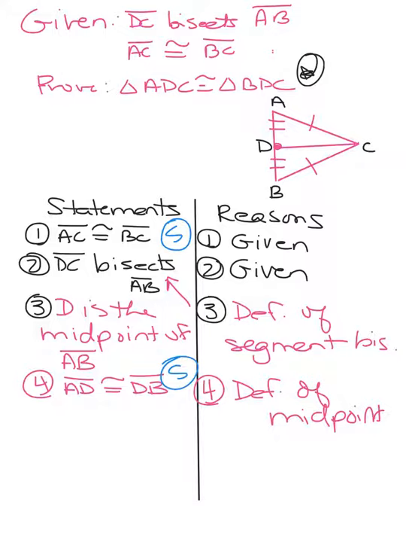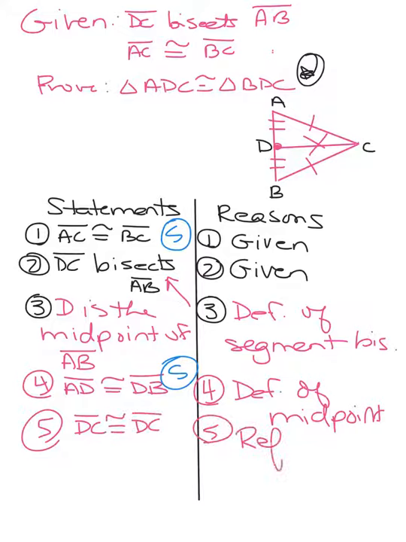So my last piece that I'm looking for, I do notice that segment DC is what we call reflexive. Segment DC is part of triangle ADC, and it's also part of triangle DBC. So therefore I can say that it's congruent to itself. So I say that segment DC is congruent to segment DC, congruent to itself, and that's because of the reflexive property.